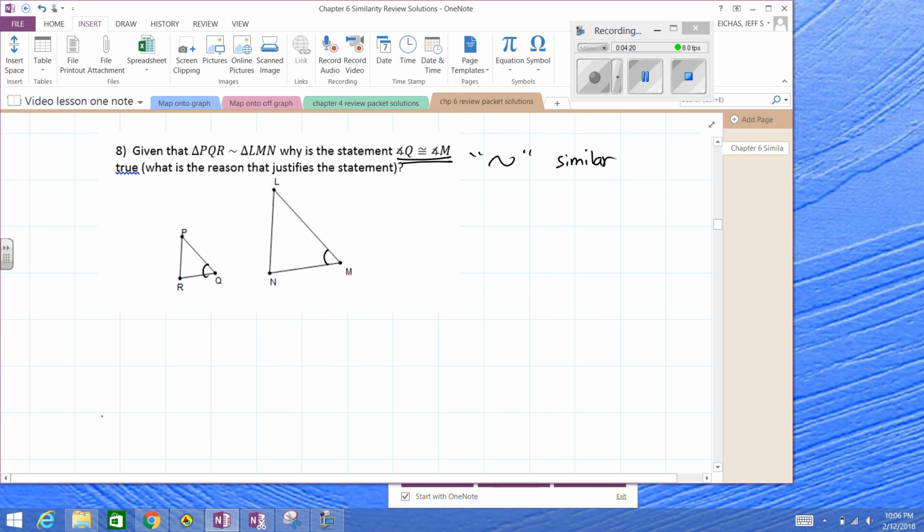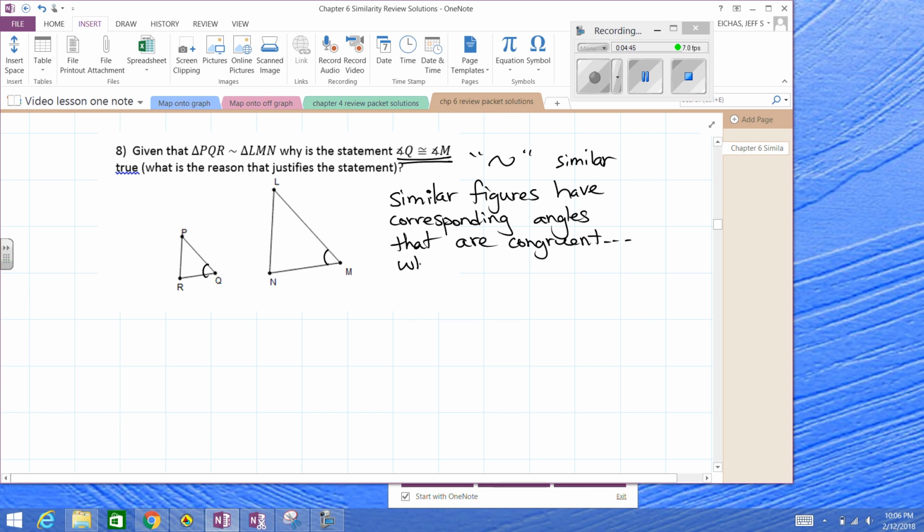Well, what we have to know about similar figures, I'm going to do a little more than we need, is that similar figures have corresponding angles that are congruent, which is why angle Q is congruent to angle M. More so, similar figures also have corresponding sides that are proportional, but they only wanted us focusing on the angles. So that's what we'll do.